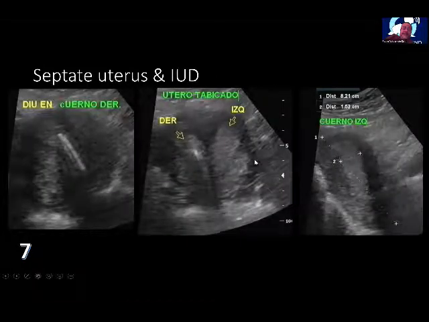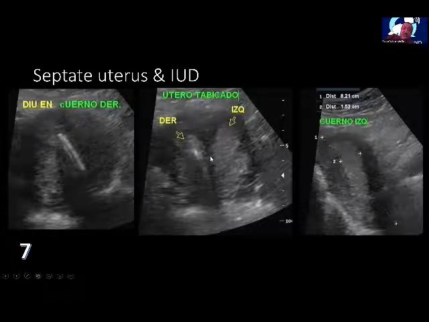This is another case of a different patient with a bicornuate septate uterus with two cavities, right and left. And on the right cavity, this is the long axis, we have an IUD on the right endometrium and an empty left endometrium.